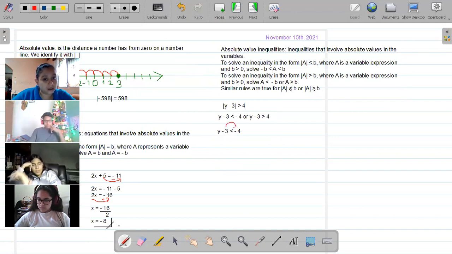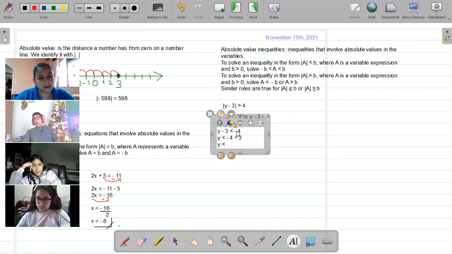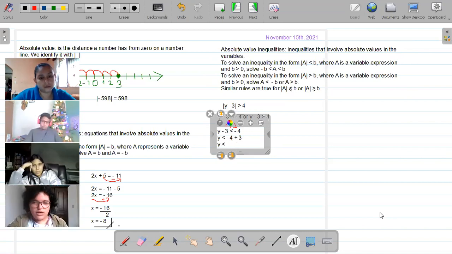So I'm going to pass this to the right, adding. So I'm going to have y is less than negative 4 plus 3. So y is less than how much? Negative 1. That's the first one, right?